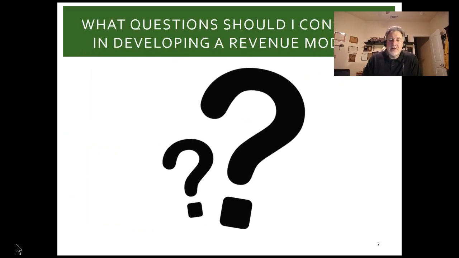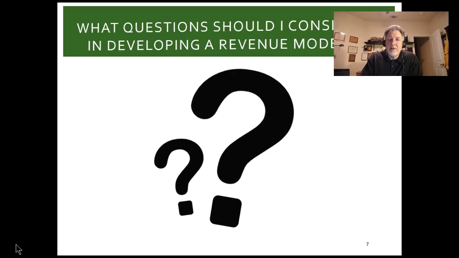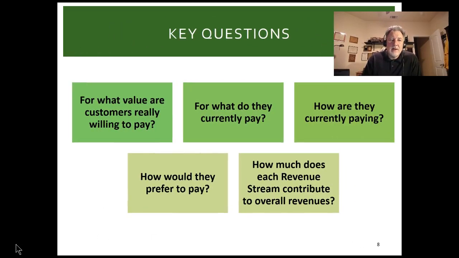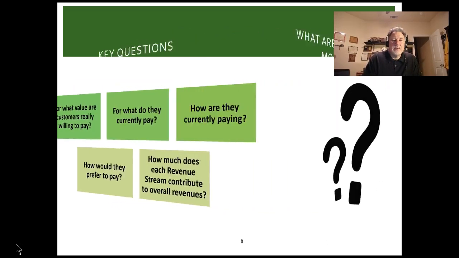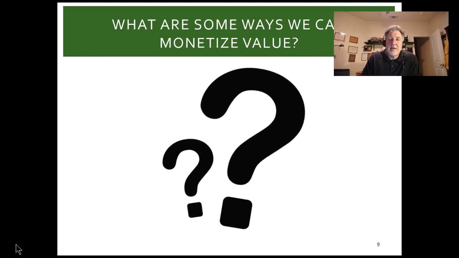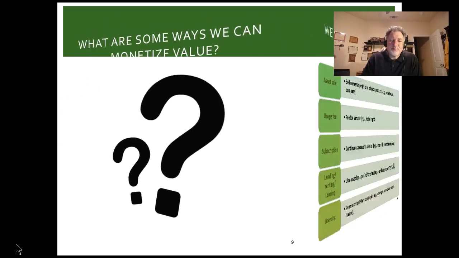So the questions that you should be considering in developing a market or a revenue model are: what value customers are willing to pay for, what they do pay, how they're currently paying, how would they prefer to pay, and how much does each revenue stream, we're talking about multiple revenue streams in some models, contribute to the overall revenues of a company. So let's talk about monetization.